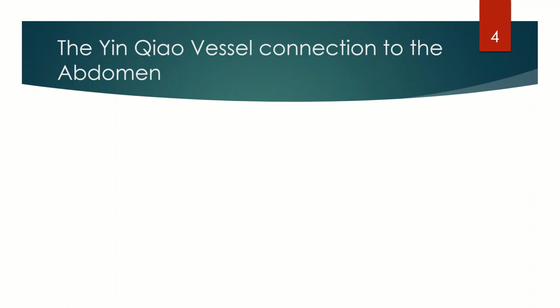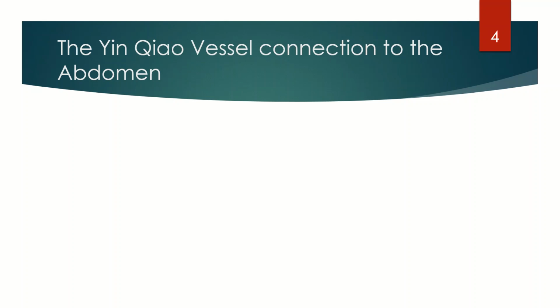But then if we look in the Simple Questions, we see that most, if not all, of what it treats is in the abdomen. And so there's a bit of a conflict there, a tension.